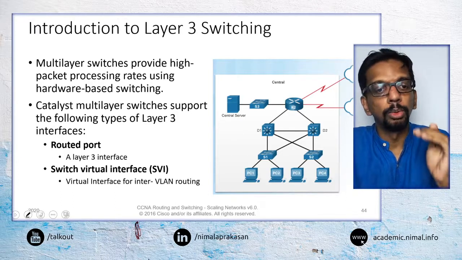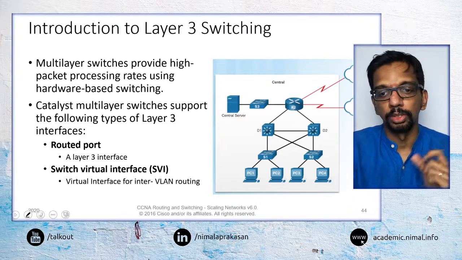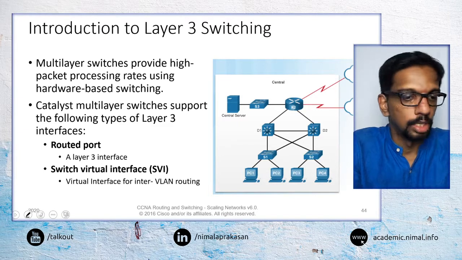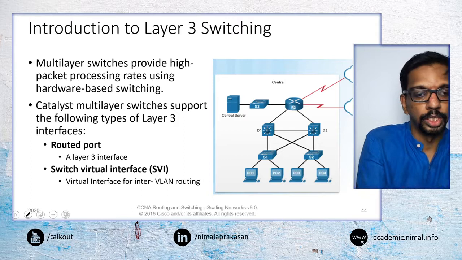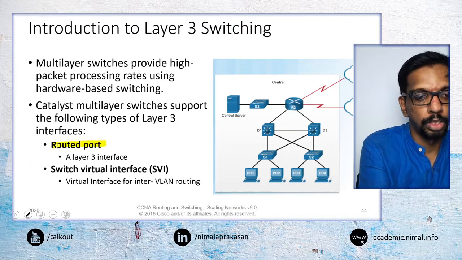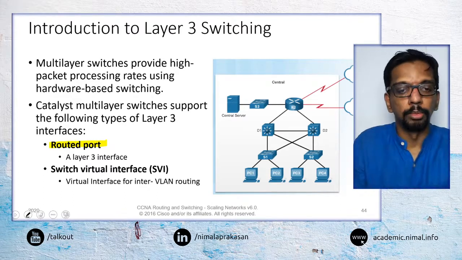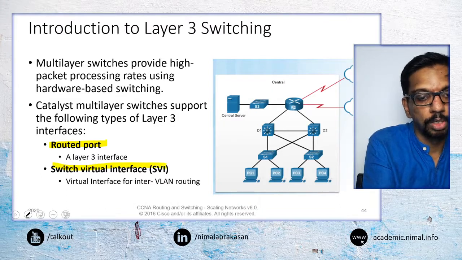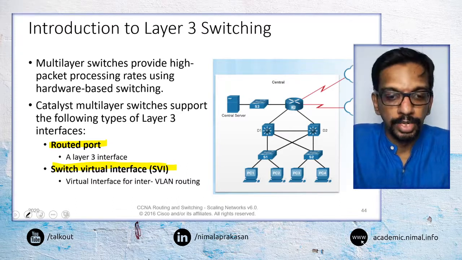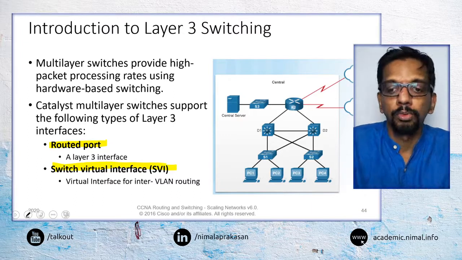So these are things that can do routing as part of switches, that can do some functionalities of routing. These are the devices that we would consider as layer 3 switching devices. There are two different approaches we may think about. One is called routed ports, where layer 3 routing can happen, and the other is switch virtual interfaces, which is where we would do inter-VLAN routing. That is the main one that we will be concerned with when we are thinking about VLANs.